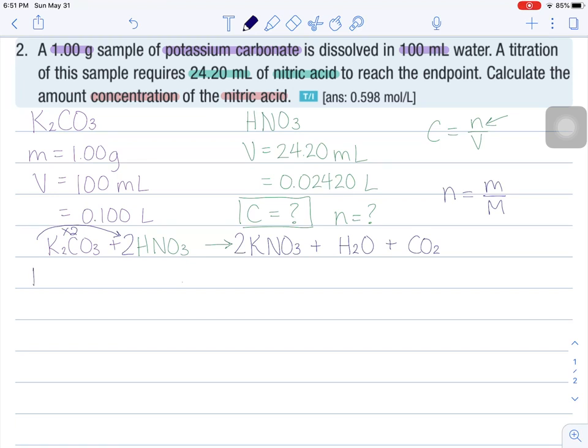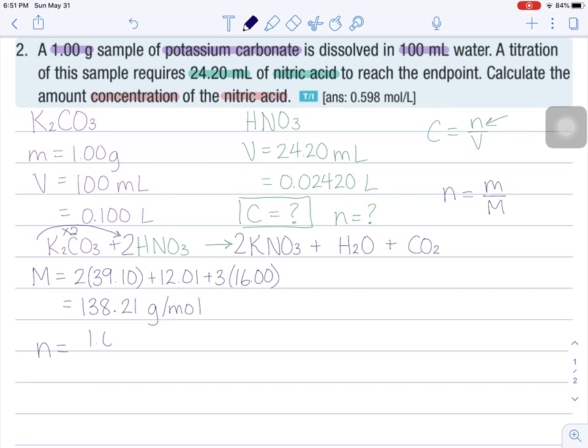So the molar mass for potassium carbonate is 2 potassium, which is 39.10, 1 carbon at 12.01, and 3 oxygen at 16.00. And that gives us a total for potassium carbonate of 138.21 grams per mole.